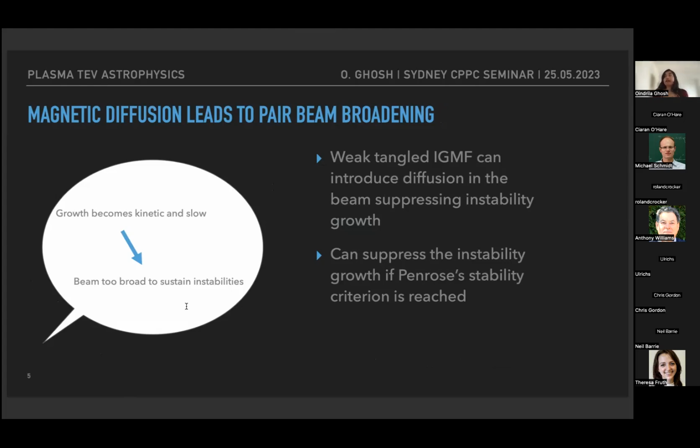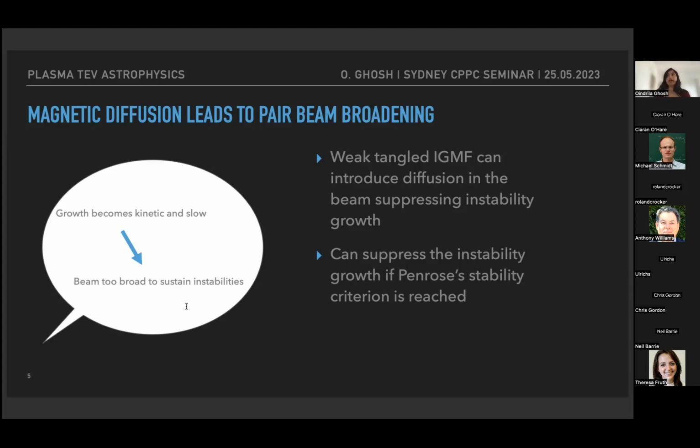However, if the deflection is not as strong, meaning the intergalactic magnetic field strength is not of the order of nanogauss, but rather of the order of, say, 10 to the power minus 11, minus 12 or so, then we could essentially have a pair halo forming around these pair beams, meaning the deflection is not strong enough to kick them far away. However, we haven't observed these pair halos.